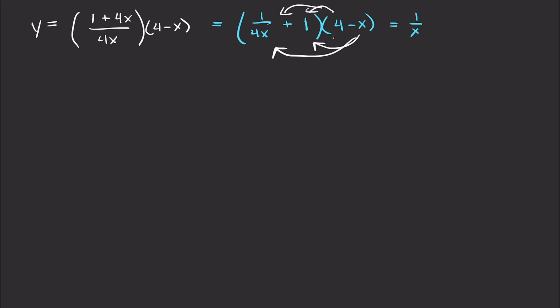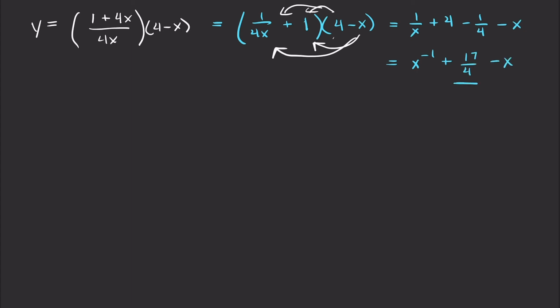And then 4 times 1, that's just 4. Minus x times 1 over 4x. My x's will go away, and I'll have minus 1/4. And then minus x times 1 is just minus x. So I could rewrite this as x to the minus 1 plus, if you wanted, you could combine these as 17 over 4 and then minus x.